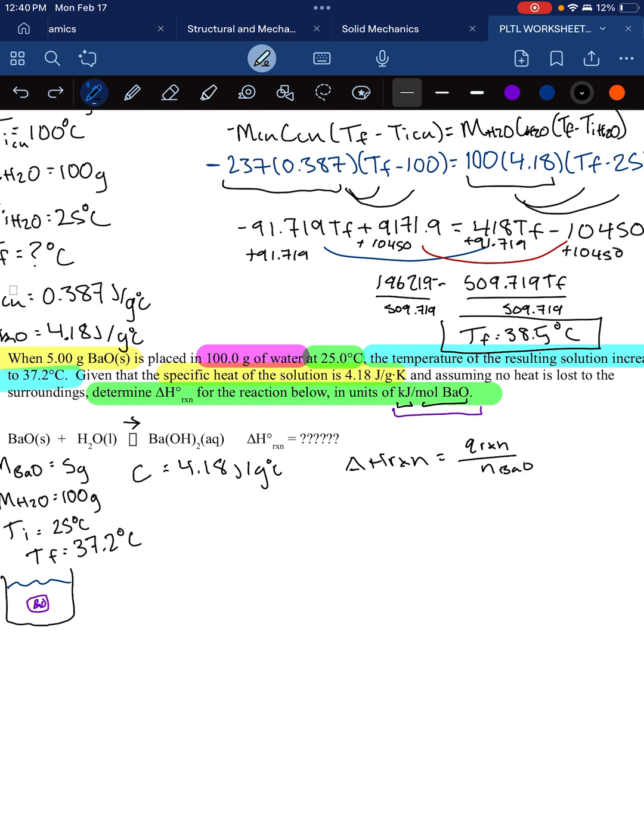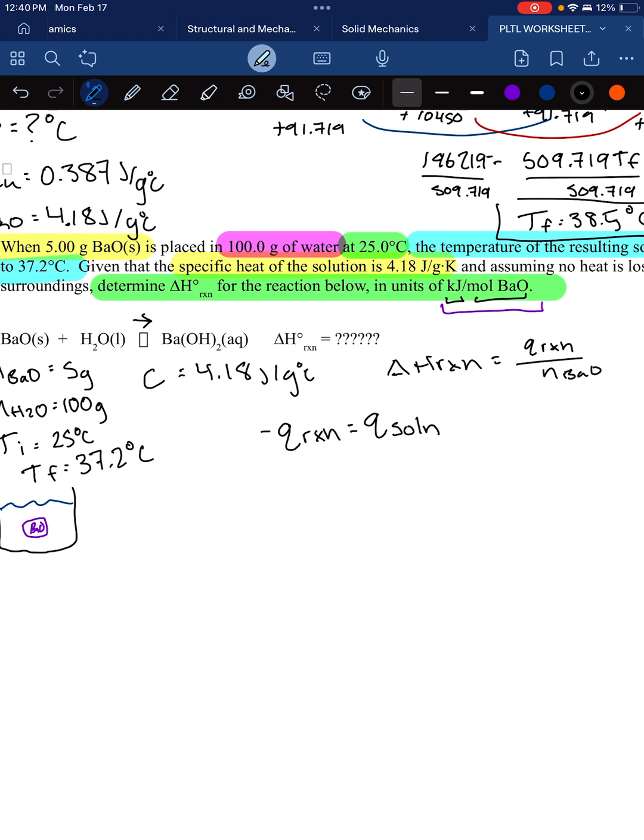So if the temperature of the solution increases, you could say that its energy flow is positive. But that energy has to be coming from somewhere, and it's coming from the reaction, right? And the reaction is just putting barium oxide on water. And so Q of the reaction is negative Q of the solution. And we want to find Q of the reaction.